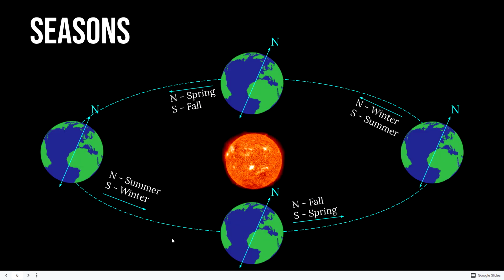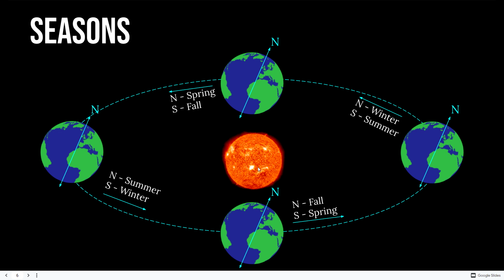As we revolve around the sun, you'll see that the angle of our axis does not change. So this blue line that shows our north and south, our axis, is in the same position no matter where we're at. So while we are spinning, that axis stays the same.